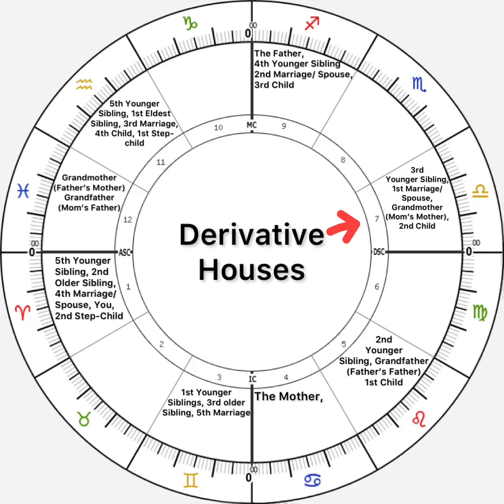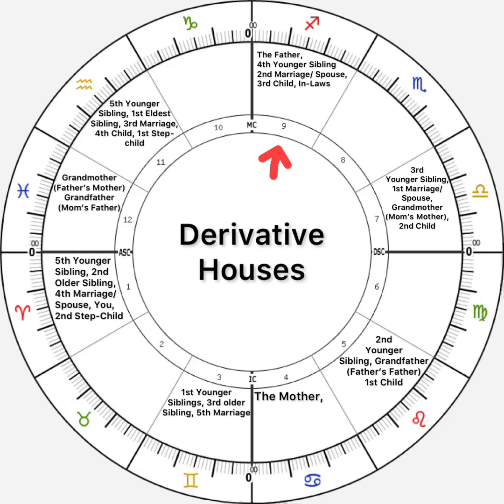So 5 spaces away, which represent children, would be the 11th house. So 1, 2, 3, 4, 5. So this is your spouse's child, right? And then it's interesting in terms of the dynamic because 5th house is your child, 11th house is your spouse's child or stepchildren, 5th opposite of the 11th. So it's interesting in terms of that dynamic.